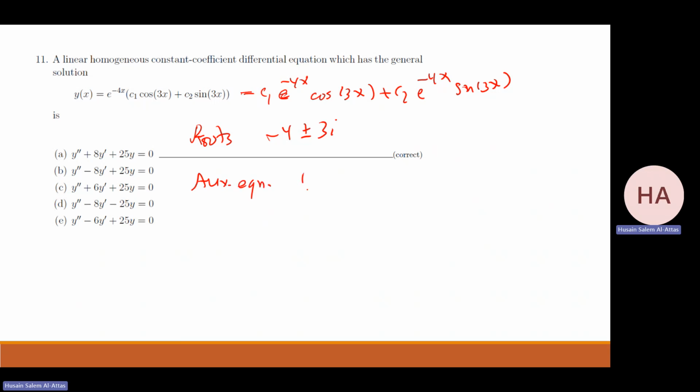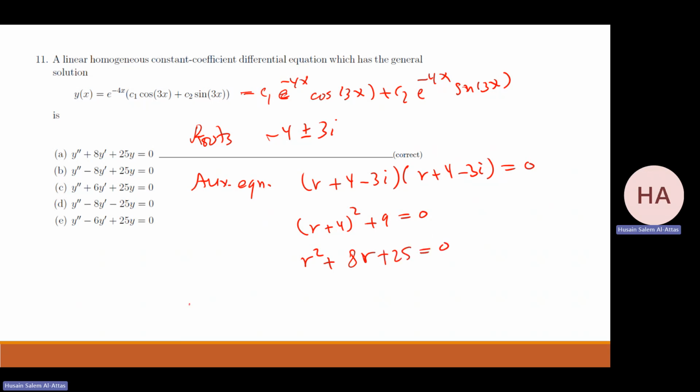Auxiliary equation will be r plus 4 minus 3i and r plus 4 plus 3i equal to 0. So I have r plus 4 squared plus 9 equal to 0. So I have r squared plus 8r, 4 times 2 which is 8r, plus 16 plus 9, that is 25, equal to 0. Differential equation will be this one, which is easy one.